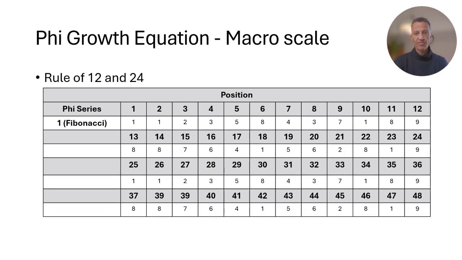So here we have 24 reduced numbers. I've taken each of the position values in the previous slide and reduced them to a single digit. For example, the 12th position is actually 144, and we can add 1 plus 4 plus 4 equals 9. I've done this all the way up to 24 positions.